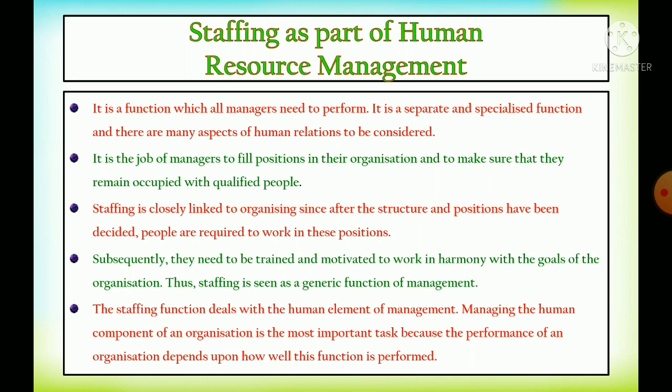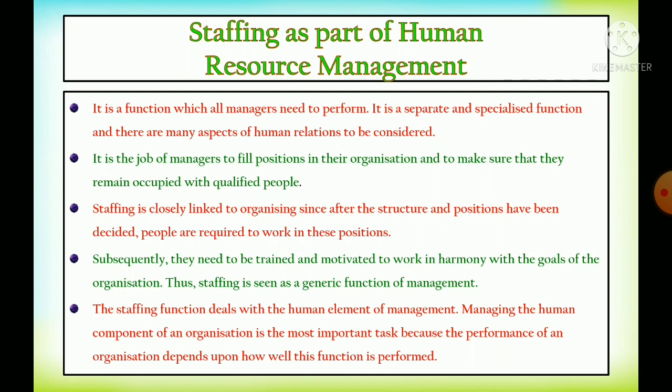The staffing function deals with the human element of management. So managing the human component of the organization is the most important task, because the performance of the organization depends upon how well this function is performed.